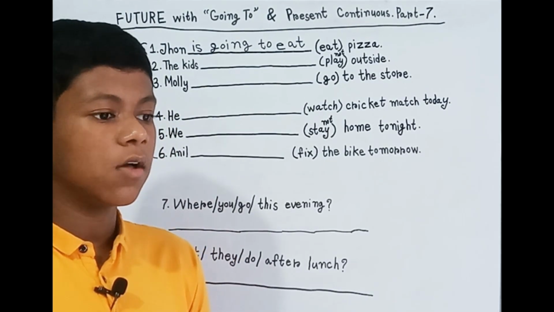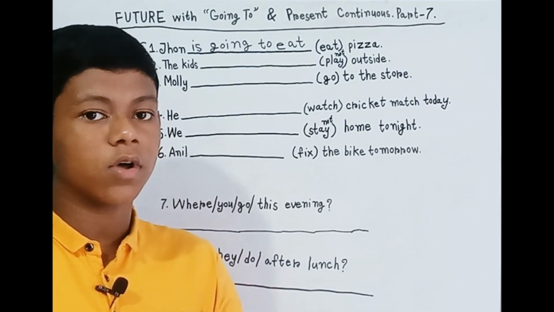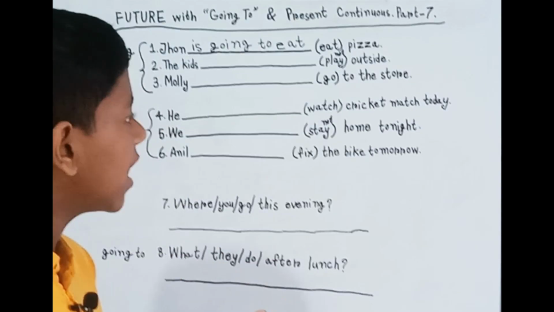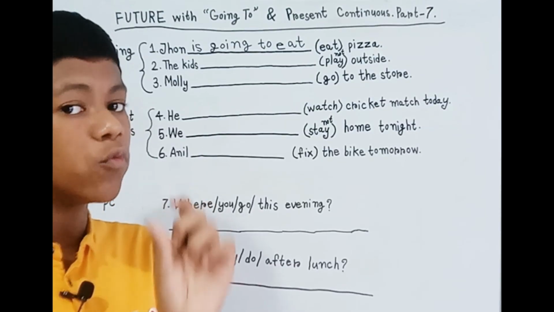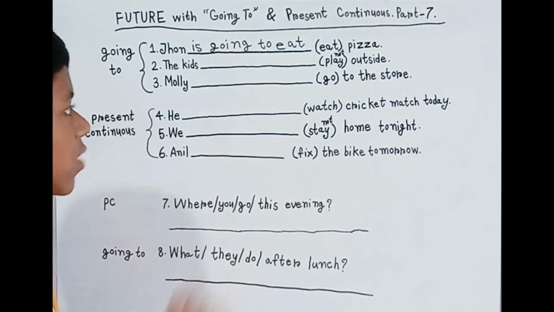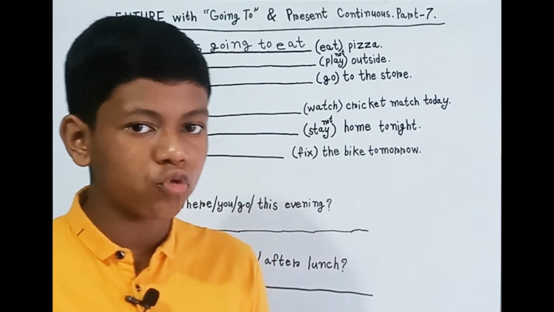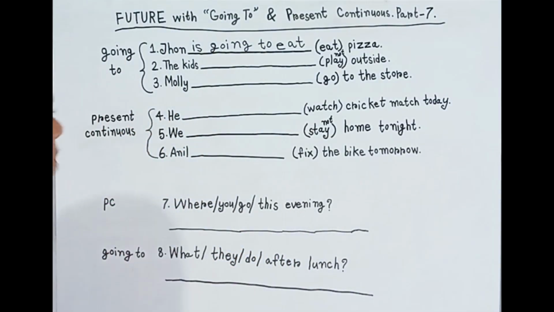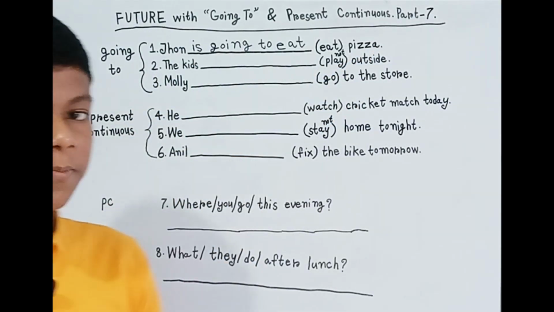When not is added with any kind of word, you have to think that we have to form it into the negative. That's why here I have written not play. So we understand that we have to make it negative. So what will be the negative of this?